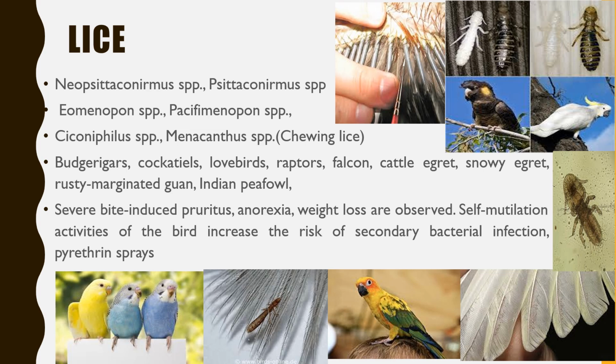They can be observed on budgerigars, cockatiels, lovebirds, raptors, falcons, cattle egrets, snowy egrets, and Indian peafowls. Severe bite-induced pruritus, anorexia, and weight loss are observed. Self-mutilation activities of the bird increase the risk of secondary bacterial infections. Pyrethrin sprays at the recommended dose can be of some help.